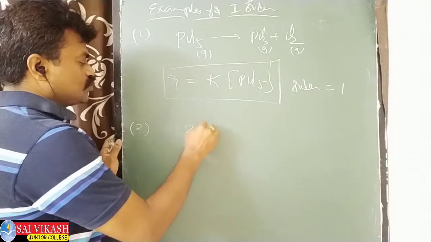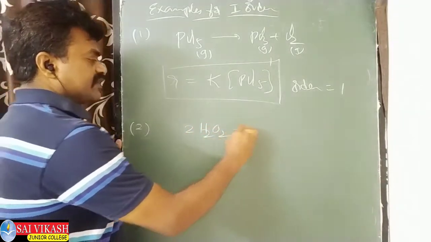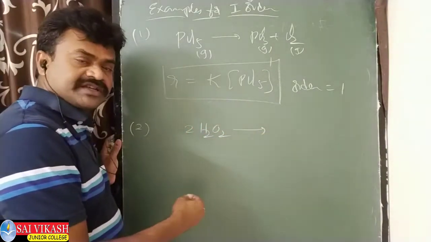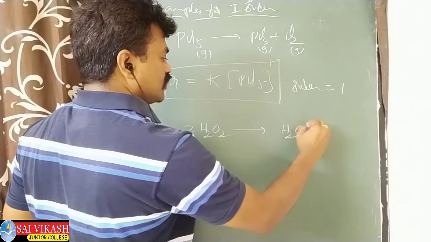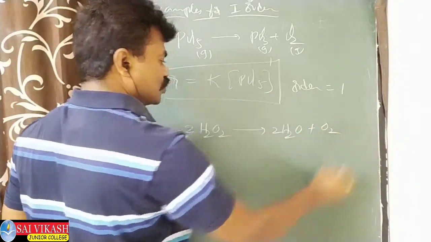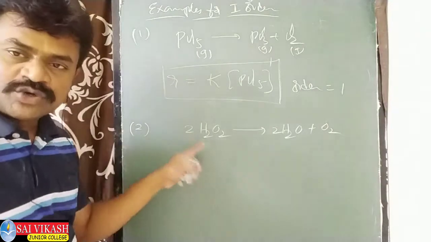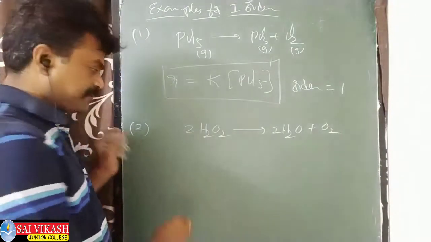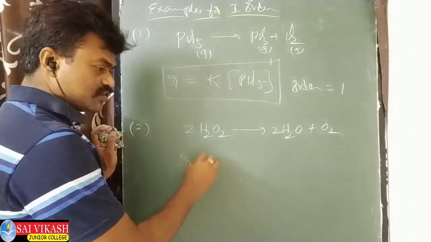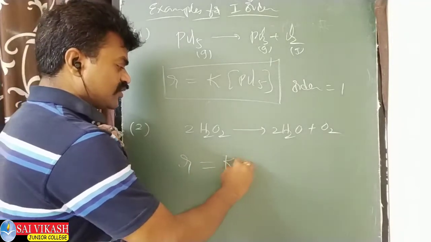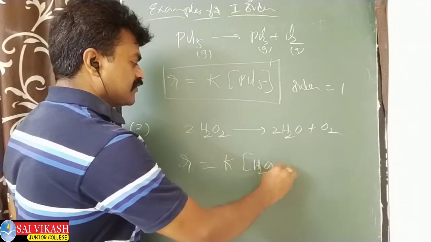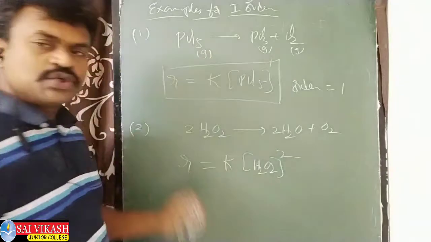suppose 2H2O2 is given. 2H2O2 dissociates to form 2H2O plus O2. How do you write the rate equation for this? You might write R equal to K into concentration of H2O2 power 2.